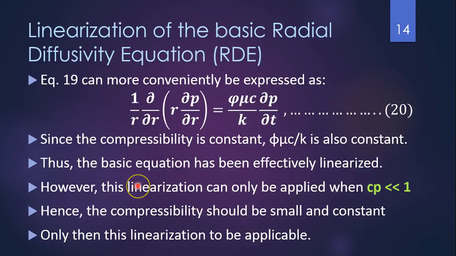However, this linearization can only be applied when compressibility into pressure gradient is much less than 1. Hence the compressibility should be small and constant, which is the case for liquids only. Only then is this linearization applicable.